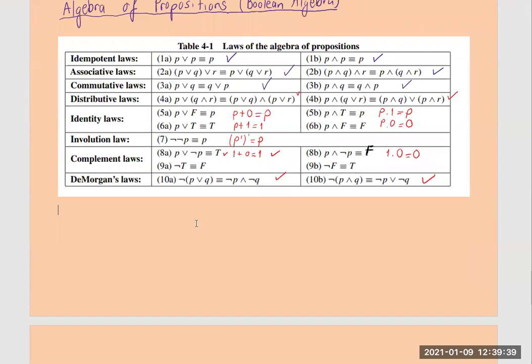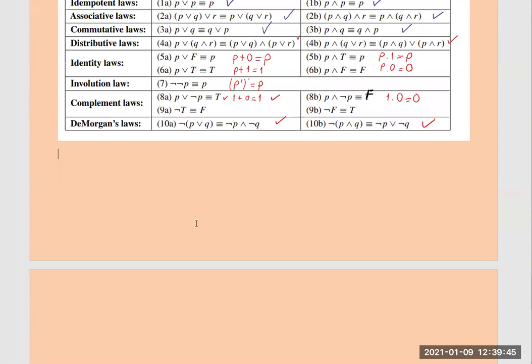Okay, let's write the conditional and biconditional statements. Conditional. Any question?